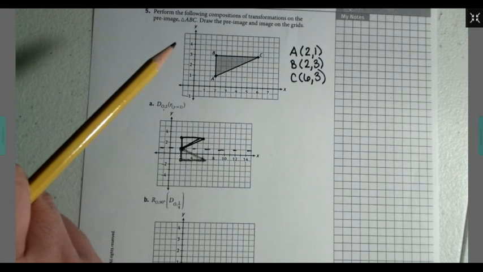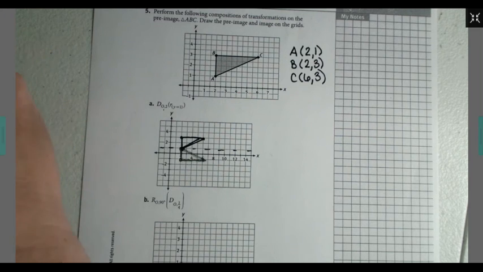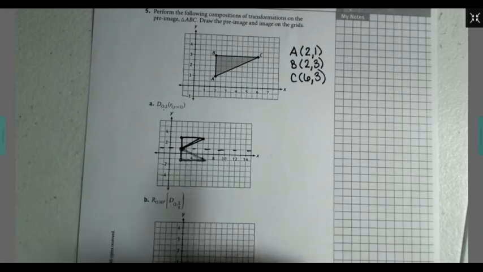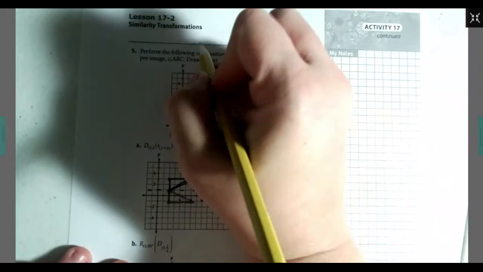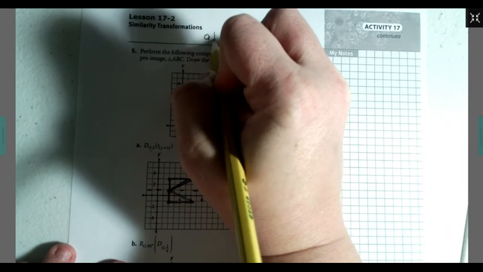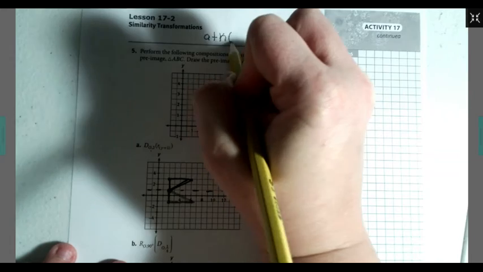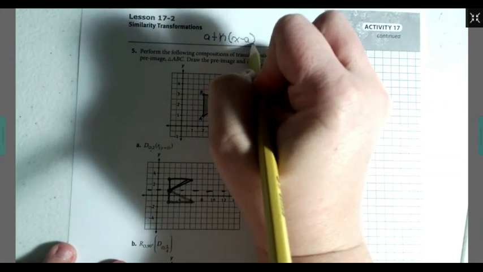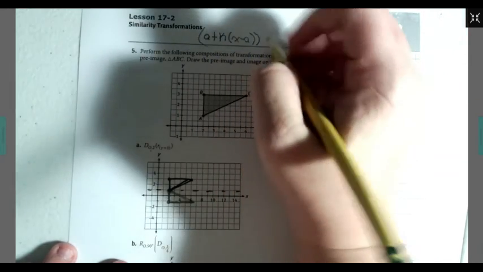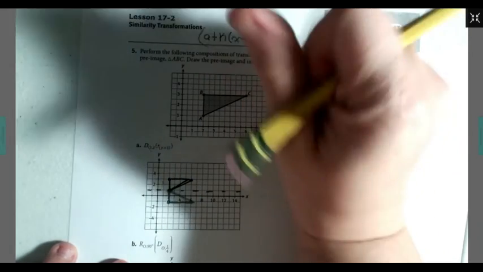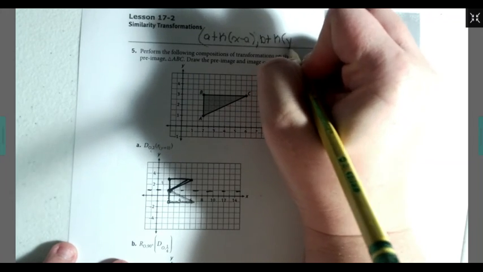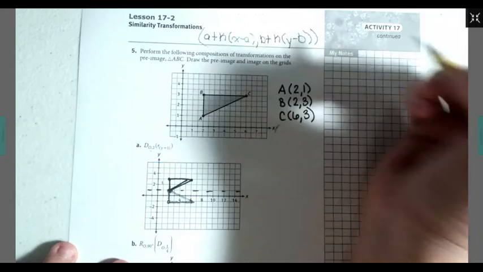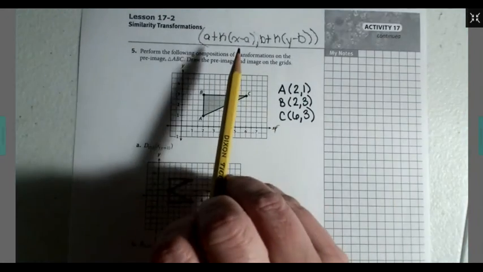Now, if you recall our formula from earlier in the lesson, we had the formula that says A plus K parentheses X minus A, comma, B plus K, Y minus B. Now that's my ordered pair.